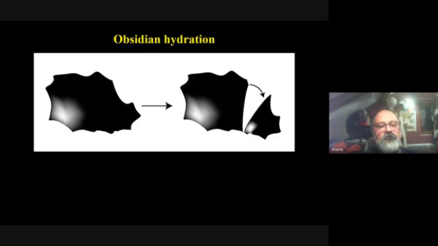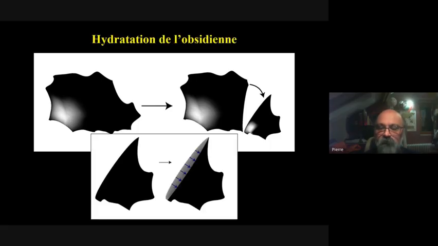Another one is obsidian hydration, not based on the same process. Here, what is very interesting is the water penetration into a stone, specifically obsidian, after the flaking of this raw material. Because this material is in fact glass, and this glass is very poor in water, and when it is exposed to water we can find in the atmosphere, this water goes into the flake.